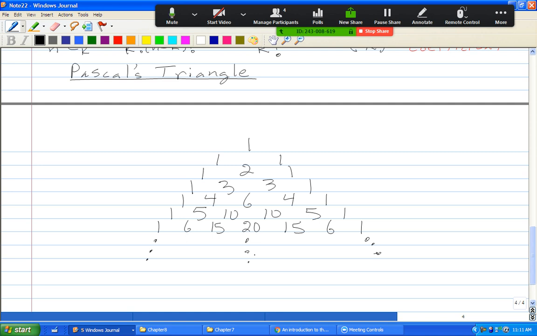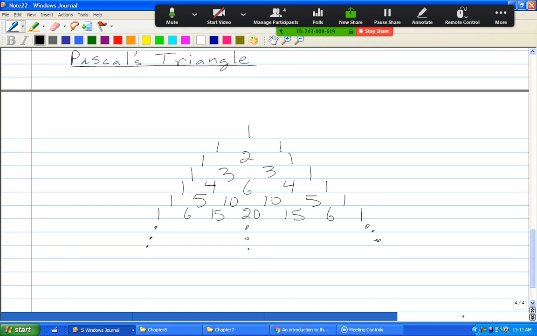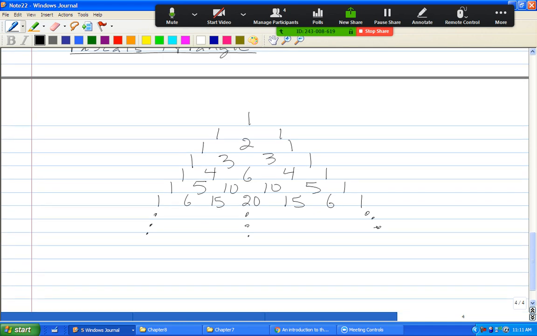So this is the way that you proceed to create Pascal's triangle. What you note is the following: n can be thought of as going this way. I'm calling it k. k can be thought of as going this way. And so the element here will just be nCk.